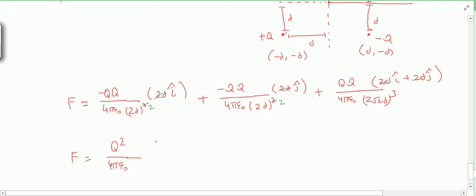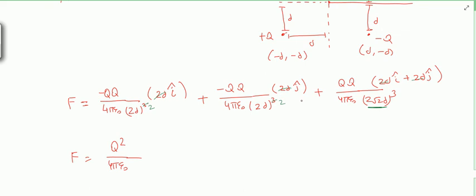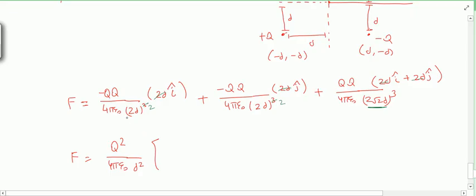So what will be remaining, if I take root 2 cubed, and I'm just taking d squared common, and taking the numbers as they are, it will be minus i cap, 2 and 2 will get cancelled, here it will be 4. The same will be here, but minus j cap by 4, right?